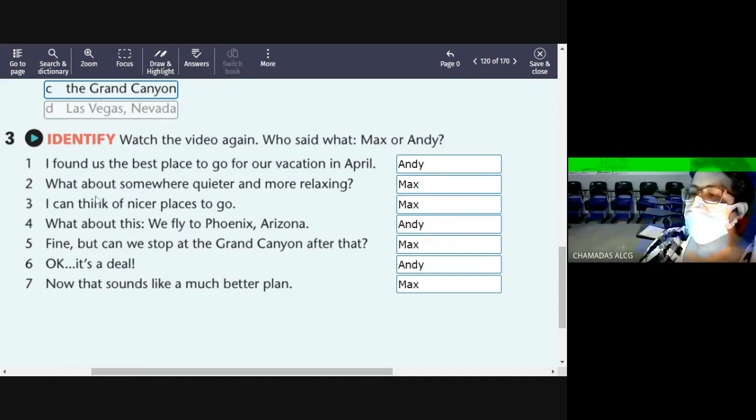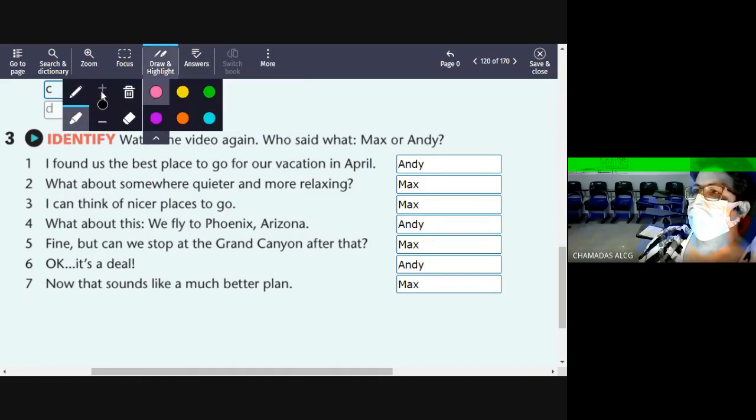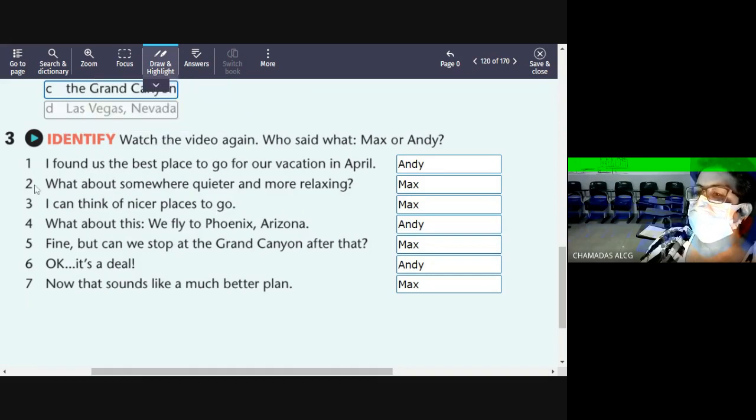So which ones are suggestions here? Let's see. Number 2, we have here. What about, okay? Yes, can be. Yeah, it sounds more like an opinion, but yeah, it's a suggestion because he says, I found this the best place to go for a vacation in April. And then he will introduce, actually, it's neither opinion nor suggestion.